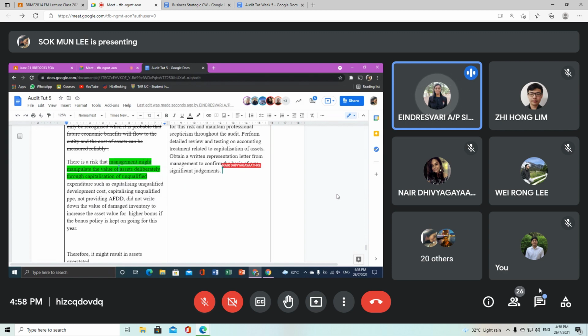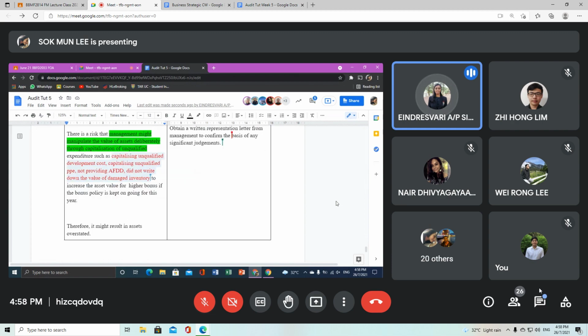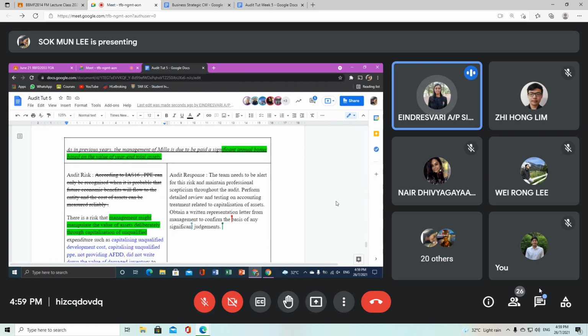I don't expect you to write all this lah, but at least write one or two. It's a must lah. Writing one or two things is very important. Okay. So the response is the audit team needs to be alert for this risk and maintain professional skepticism.